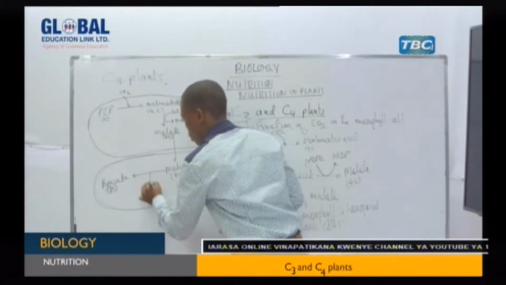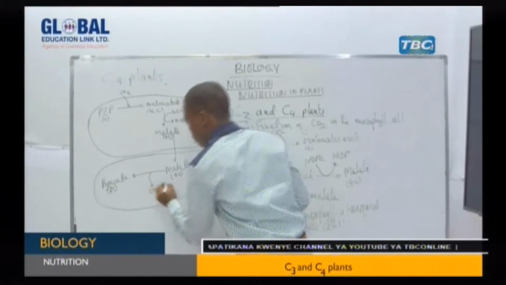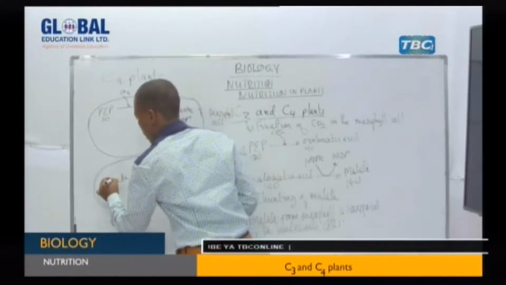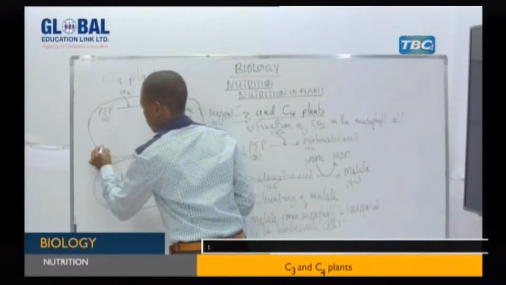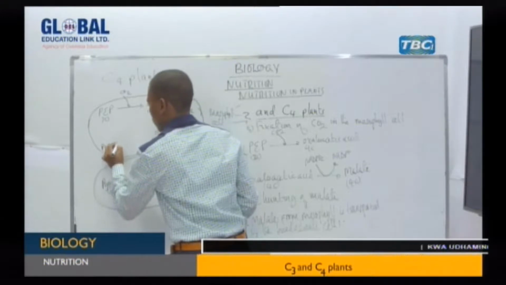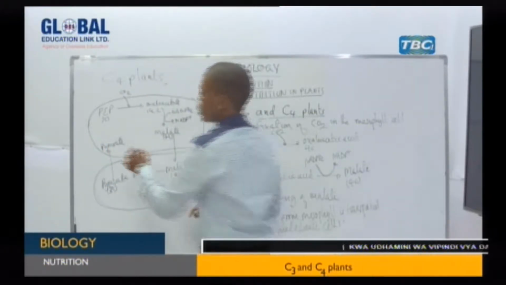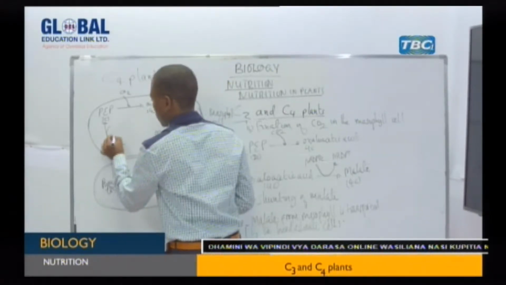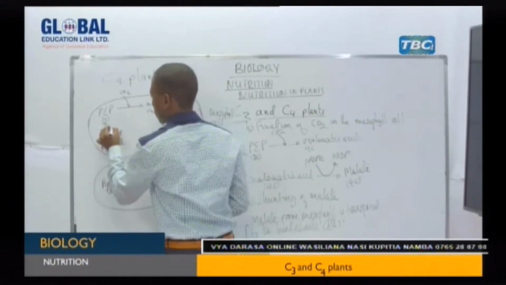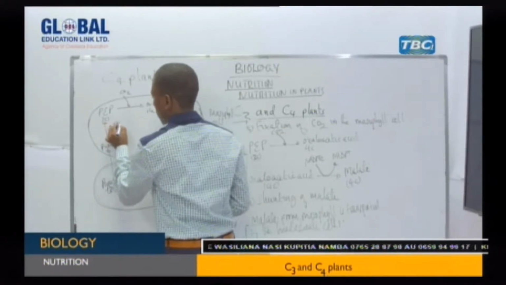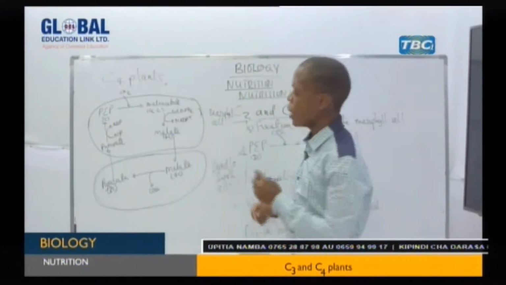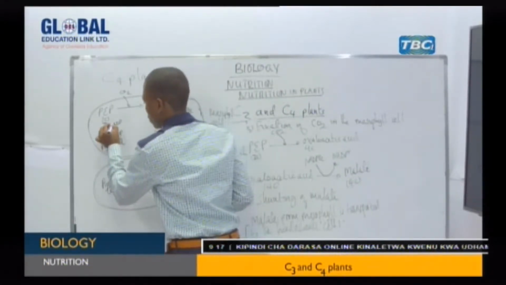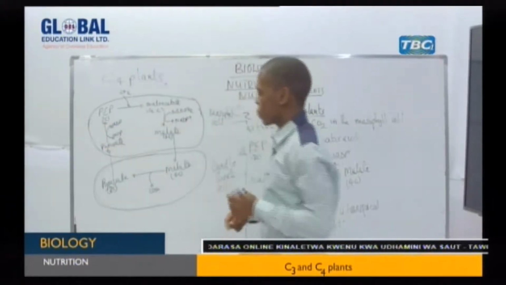But also it forms carbon dioxide. Formation of this pyruvate, again, this pyruvate is transported back into the mesophyll cell. And again, it is converted into a phosphoenol pyruvate, but with the help of ATP. But this process requires energy from 2 energy phosphate bond. Therefore, here we need 2 ATP, which will form 2 ADP.